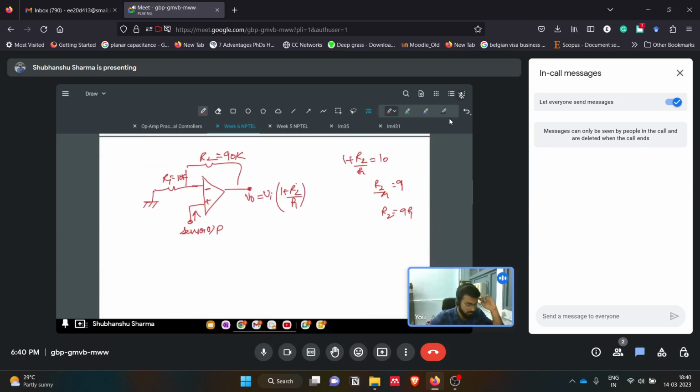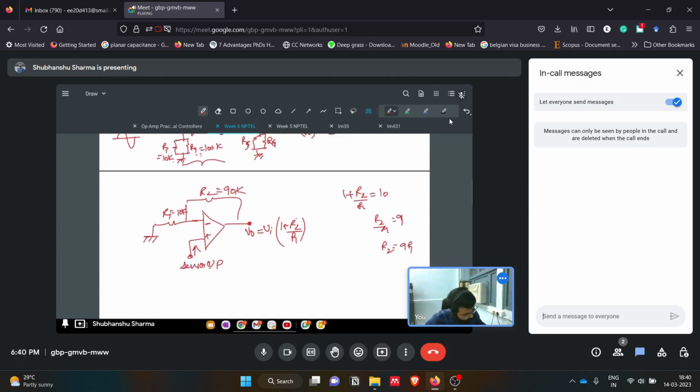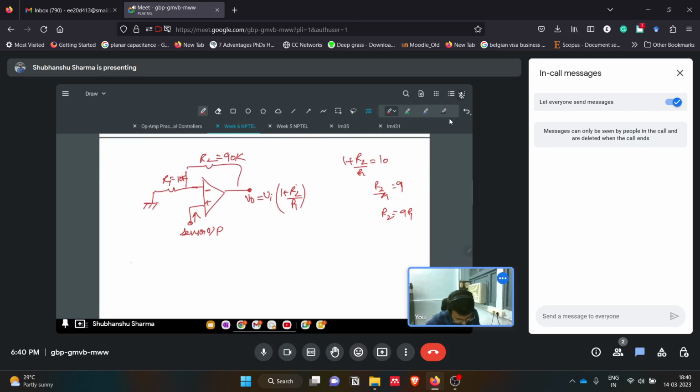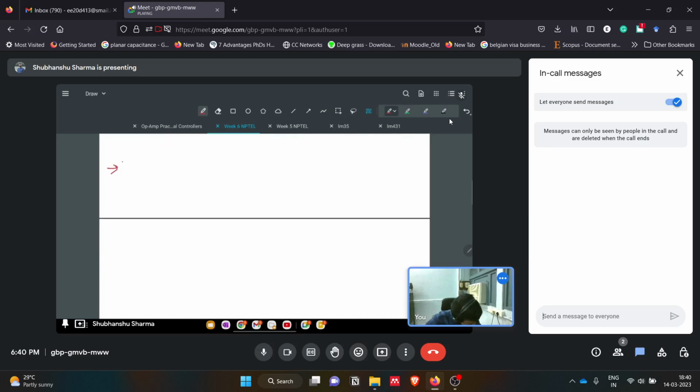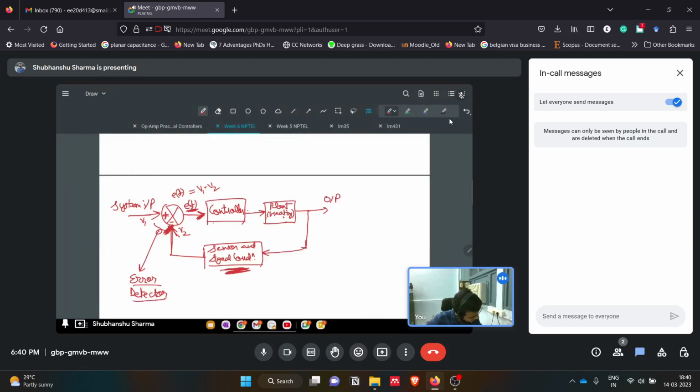This was the other circuit. Now we will see the implementation of the heating circuit of the plant. We have seen the signal conditioning circuit of this block, and we have seen the error detector circuit.